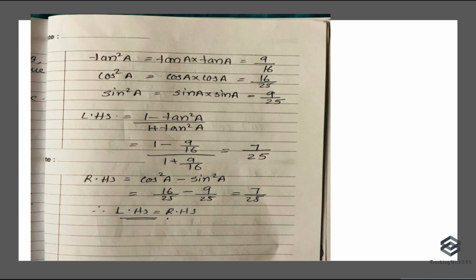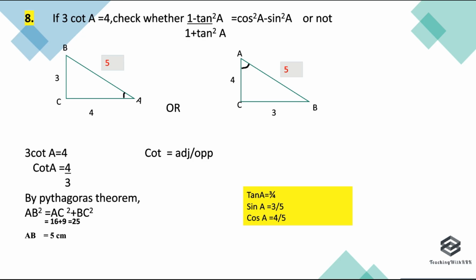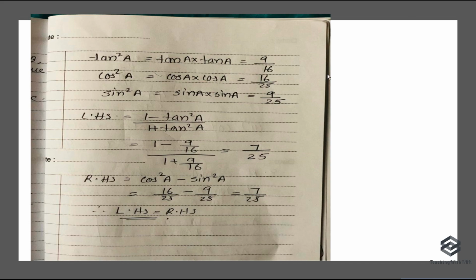LHS is (1 minus tan square A) by (1 plus tan square A). Substitute the values. Tan square is 9 by 16. Therefore (1 minus 9 by 16) by (1 plus 9 by 16) equal to 16 minus 9, 7 by 16, here denominator 16 plus 9, 25 by 16. 16 and 16 will cancel out, then you will get 7 by 25.